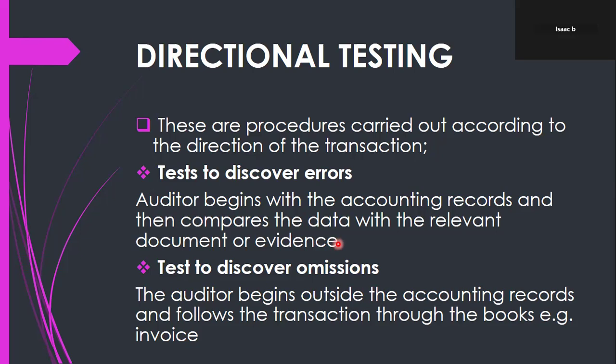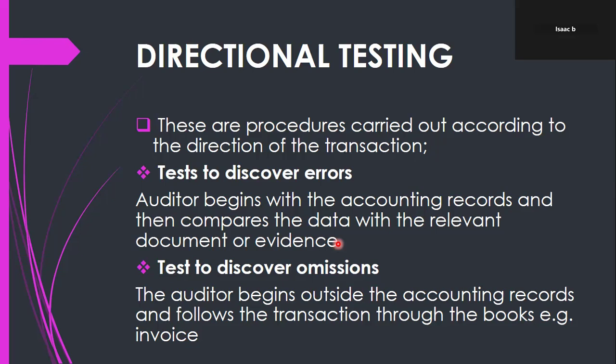We received a supplier invoice from maybe Zambezi Portland, right? So we begin with the books. We check the amount that's in the books, that's in the payables ledger with respect to the account of the supplier, the personal account of the supplier.